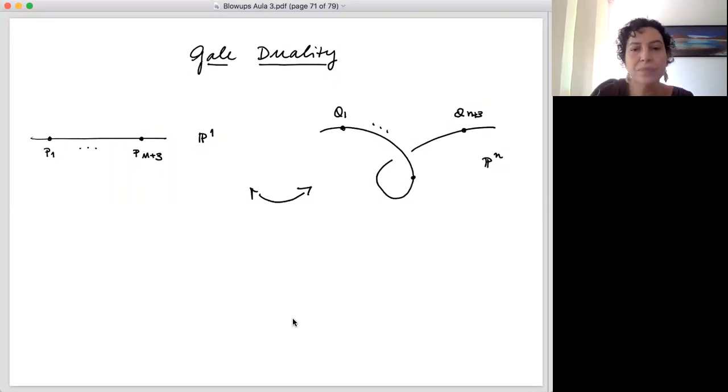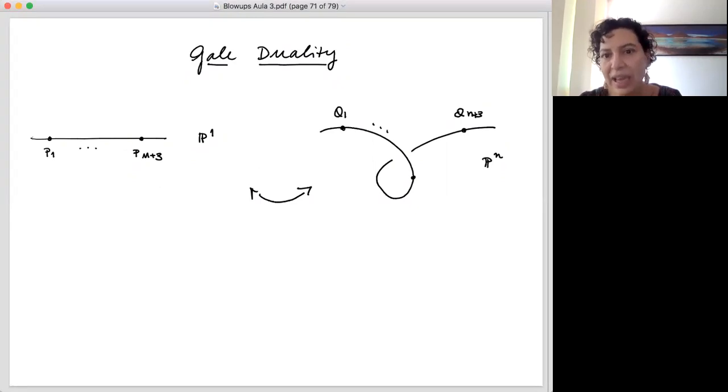If you give me n+3 points on the line P1, I can embed P1 inside Pn as a rational normal curve. And then I can look at the image of the marked points P1 up to Pn+3. So in this way, I get n+3 points in Pn.